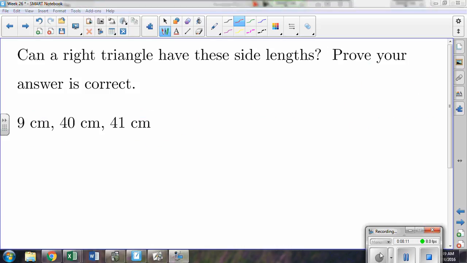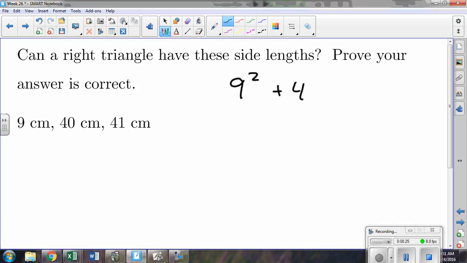Same directions. Using a marker board, figure out, is it possible for a right triangle to have these 3 side lengths? All right, so looking at it, leg squared plus leg squared equals hypotenuse squared. 81 plus 1600.